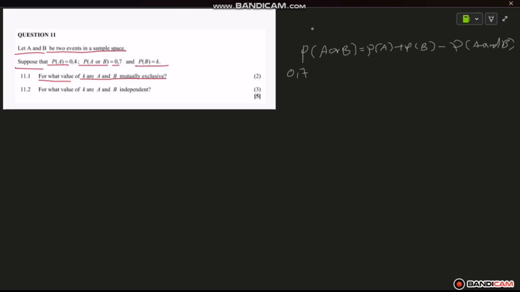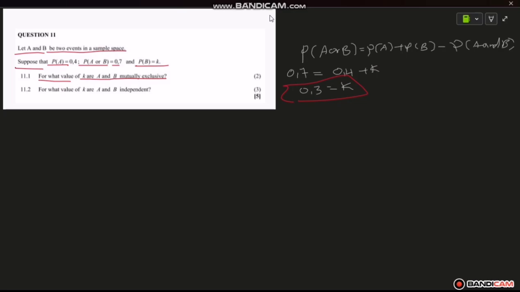We have P of A or B, which is 0.7, equal to 0.4 plus K minus 0. So even if we don't write it, 0.7 minus 0.4 is 0.3. That's the value of K. So this is the answer. This is the value of K that makes A and B mutually exclusive.